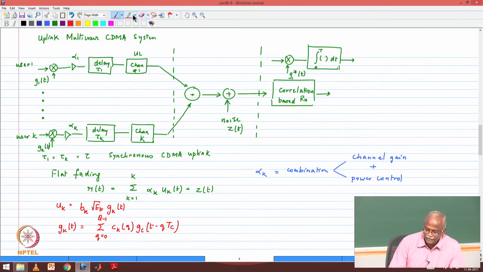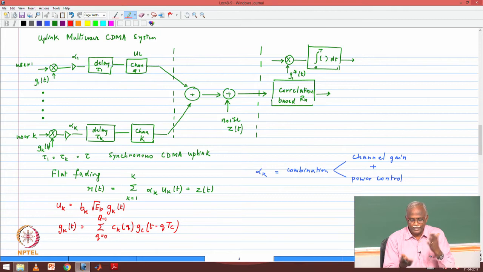I've just added a little bit more information to the figure that we had in the last lecture. Each user is spread by a corresponding waveform, user 1 by G1, user 2 by G2, and user k by Gk. These alpha k's you can think of as power control. Basically, you can adjust the amplitude of the signal.